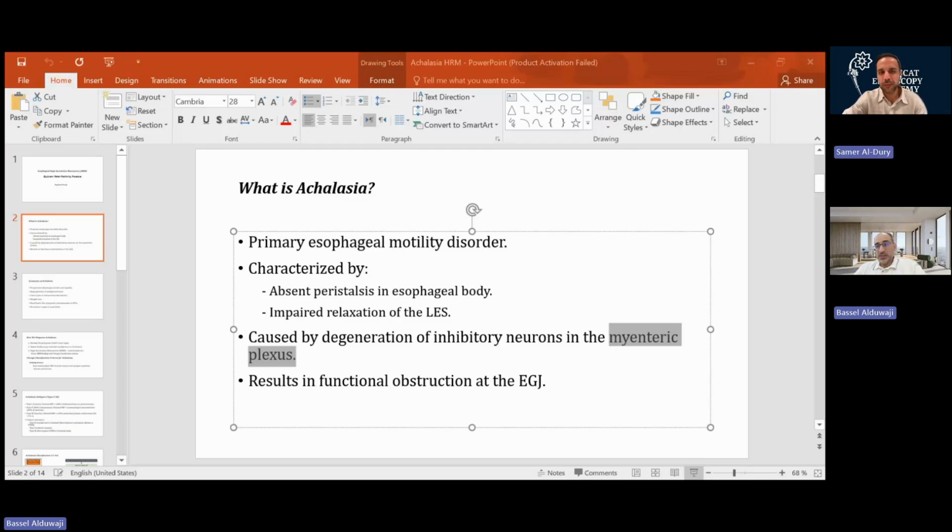Then if the IRP is abnormal, we have to look at whether the peristalsis is normal or not. In achalasia, it should be absent peristalsis, depending on the type we will see. If there is 100% failed peristalsis without pan-esophageal pressurization, that means it's achalasia type 1.